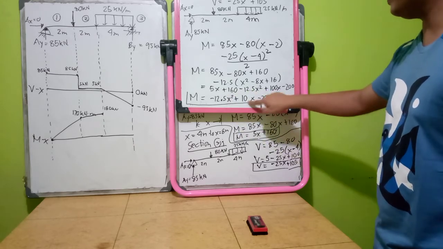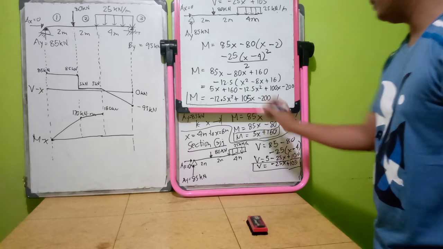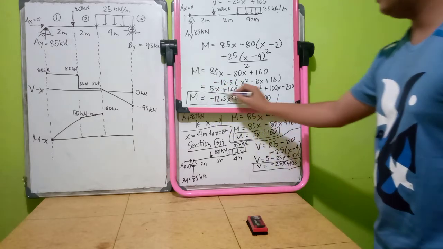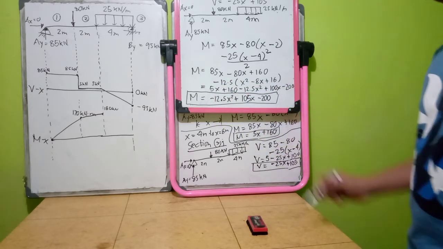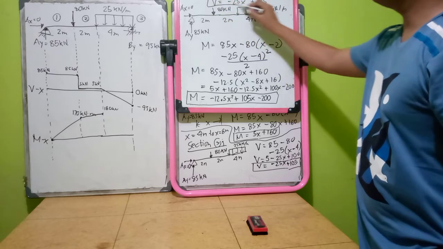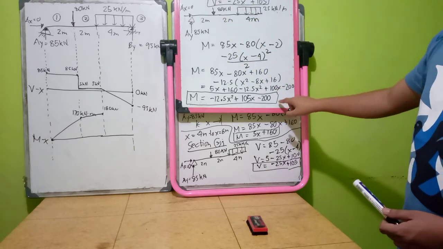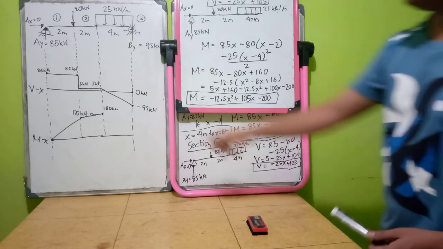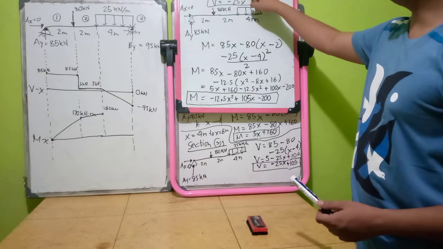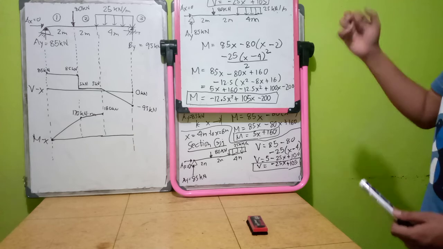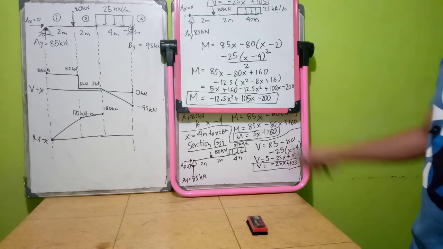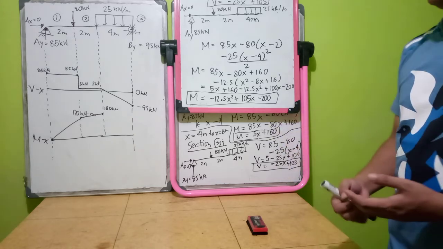This will be our moment formula. This will be our moment equation at section 3 from x equals 4 to x equals 8.